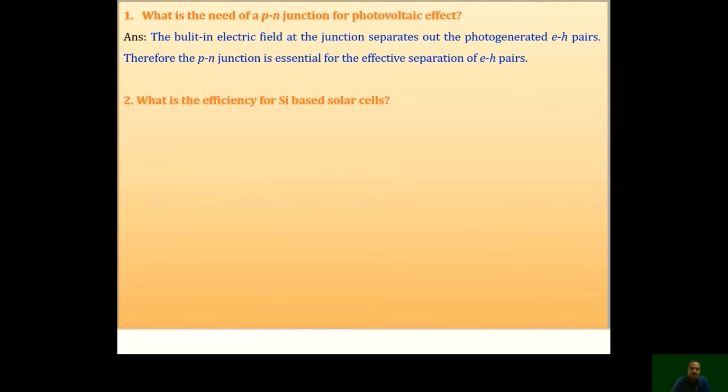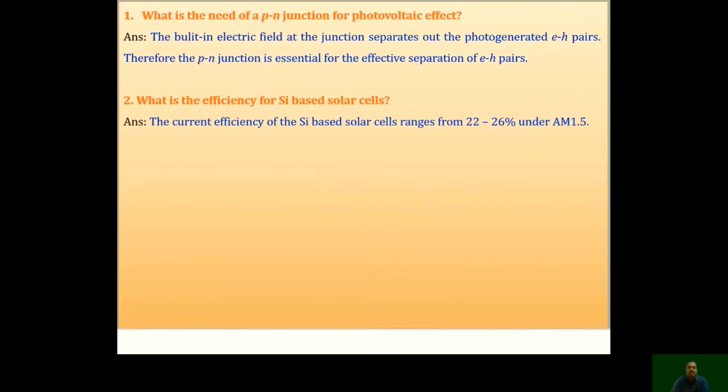So the built-in electric field at the junction separates out the photo-generated electron-hole pairs. So therefore, the PN junction is essential for the effective separation of the electron-hole pairs. Simply, if you are having a p-type semiconductor or n-type semiconductor, the effective separation of the electron-hole pairs is not possible.